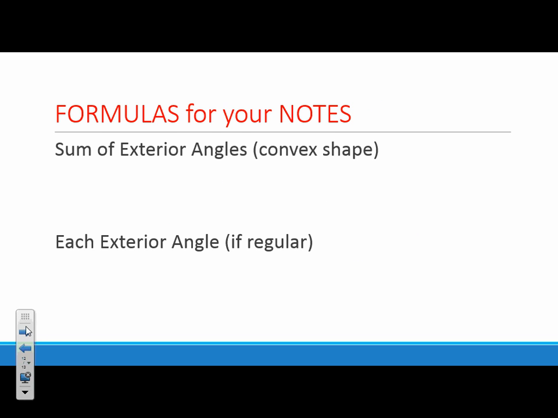So other formulas we should add inside of our notes here. The sum for the exterior angles of a convex shape. The exterior angles, the total of the exterior, will always equal 360 degrees, no matter how many sides that shape has. 360 all the time.